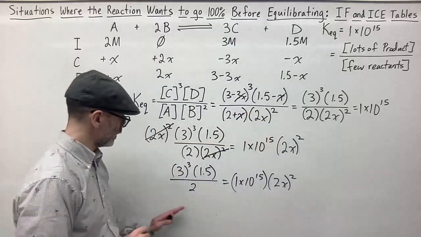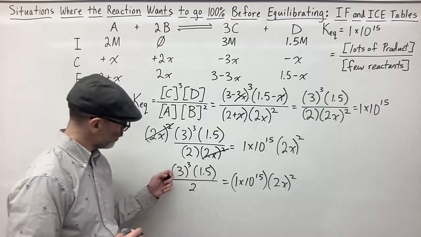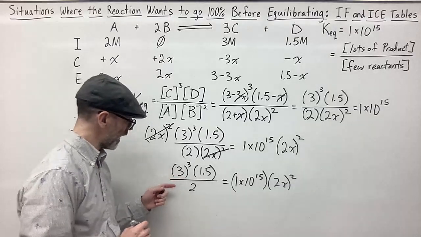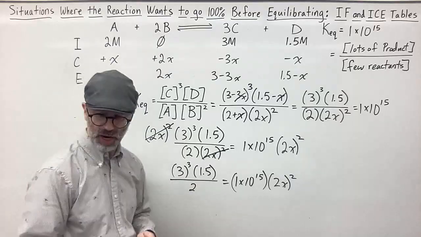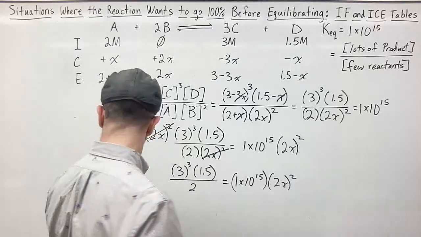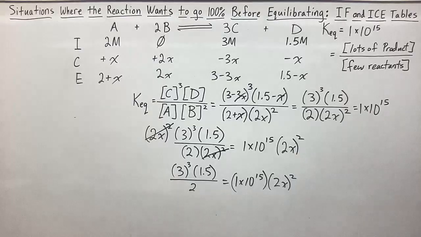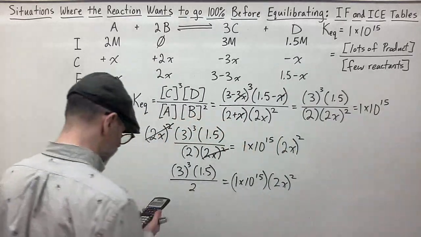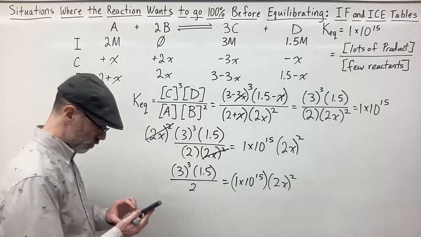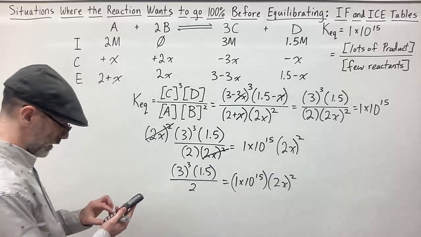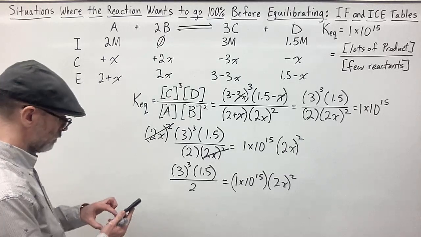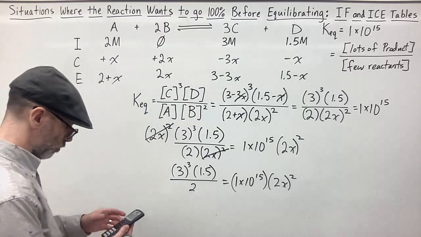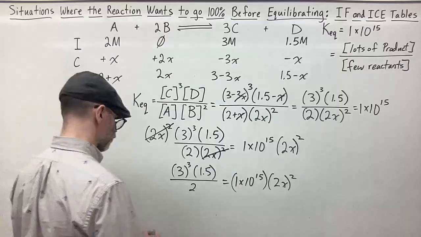So now we can calculate this, right? 3 cubed is 27. Divide that by 2, multiply by 1.5. Let's do that calculation really quick. 27 times 1.5 divided by 2 equals 20.25.